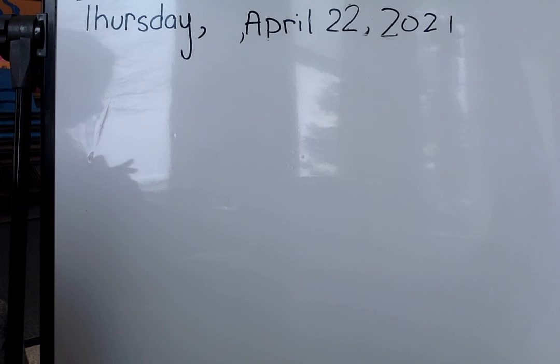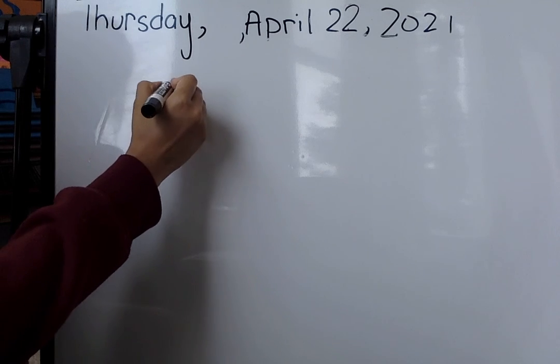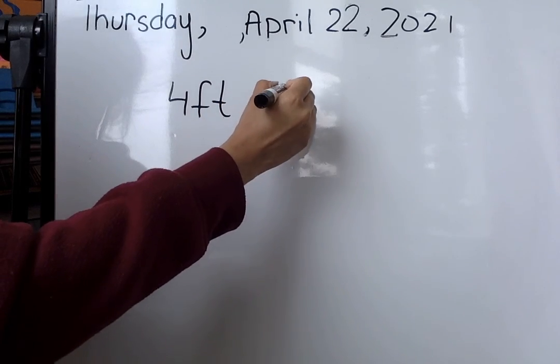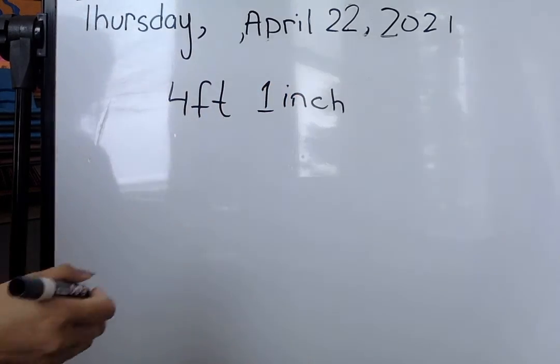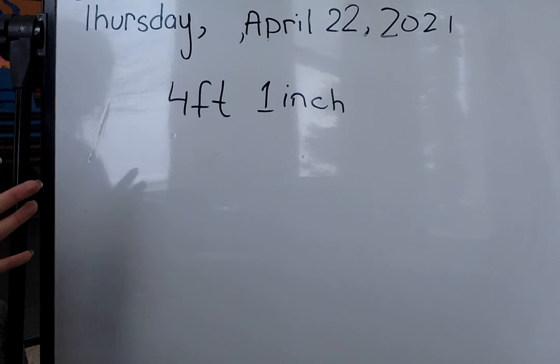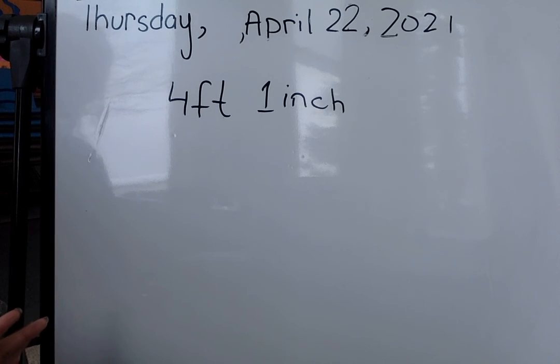So let's write down 4 feet 1 inch, right? So what do we need to subtract? He is 5 inches taller than his brother, right? So that means we are going to subtract 5 inches.